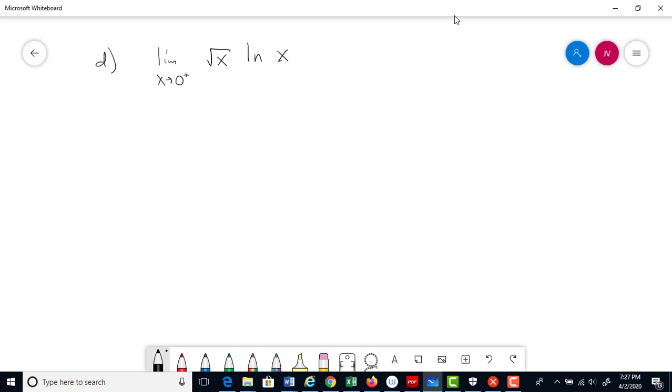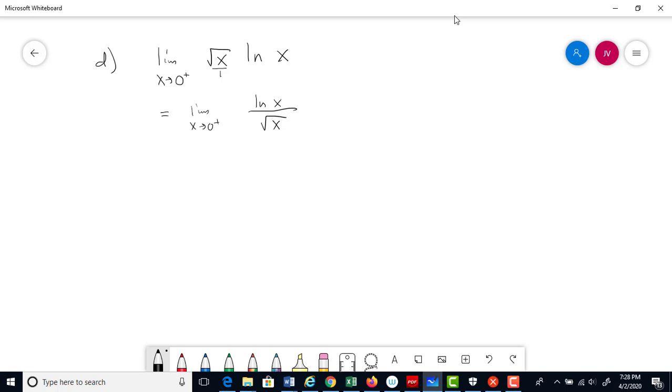All right, so I'm going to be kind of clever here. I'd like this thing to be rational, so I'm not going to manipulate this part. I'm going to manipulate this part, which is the same thing as x over 1. So this is the same thing as the limit as x goes to 0 from the positive side of. If I leave that natural log on the top, I'm going to put this in the bottom. But you can't just put it in the bottom, because that's not equivalent.